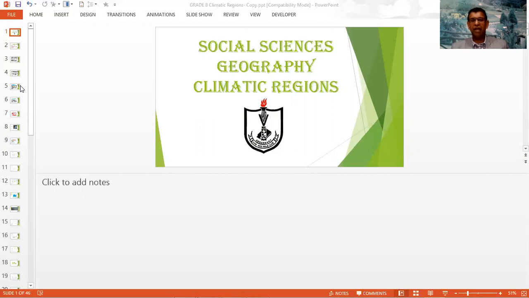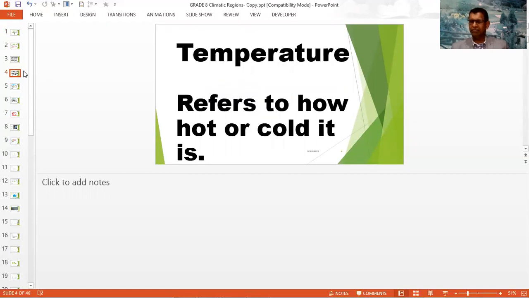And its counterpart, the word weather. Weather refers to the condition of the atmosphere as experienced over a short time period. For example, on a daily basis, we say the temperature is cold or the temperature is hot.